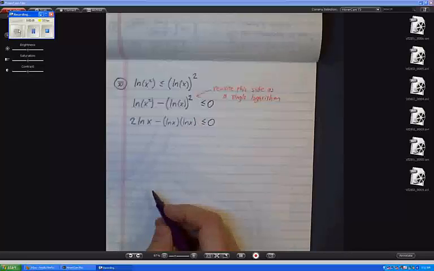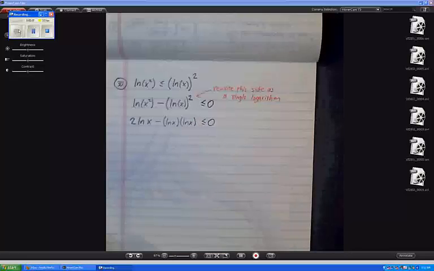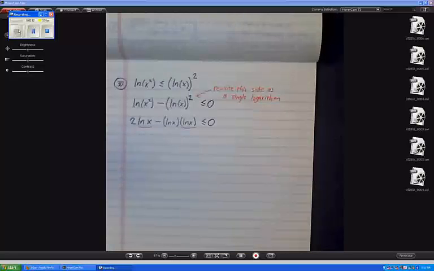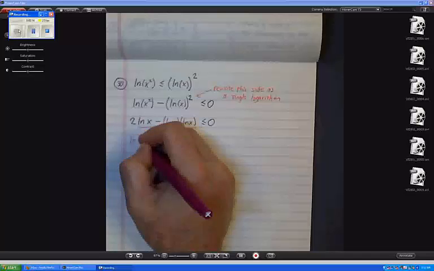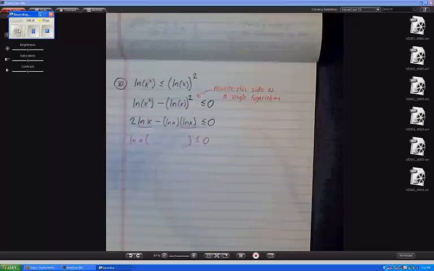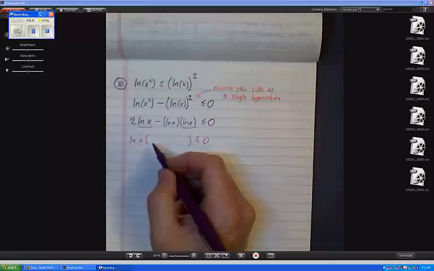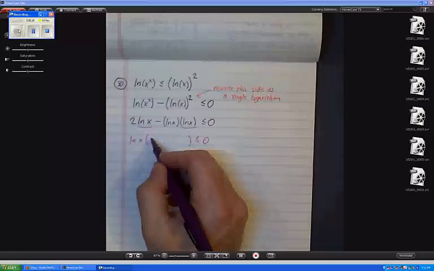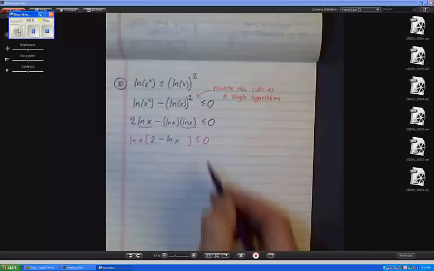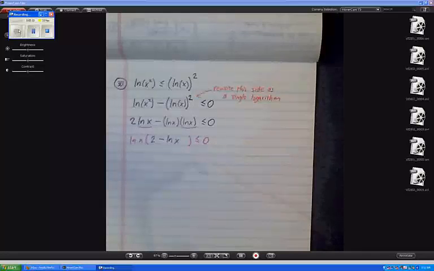And now I'm going to notice that I have a common factor. I have an ln x. I'm going to pull that out. So I have natural log of x times, what would be left if I factor that out? 2 minus natural log of x is less than or equal to 0.